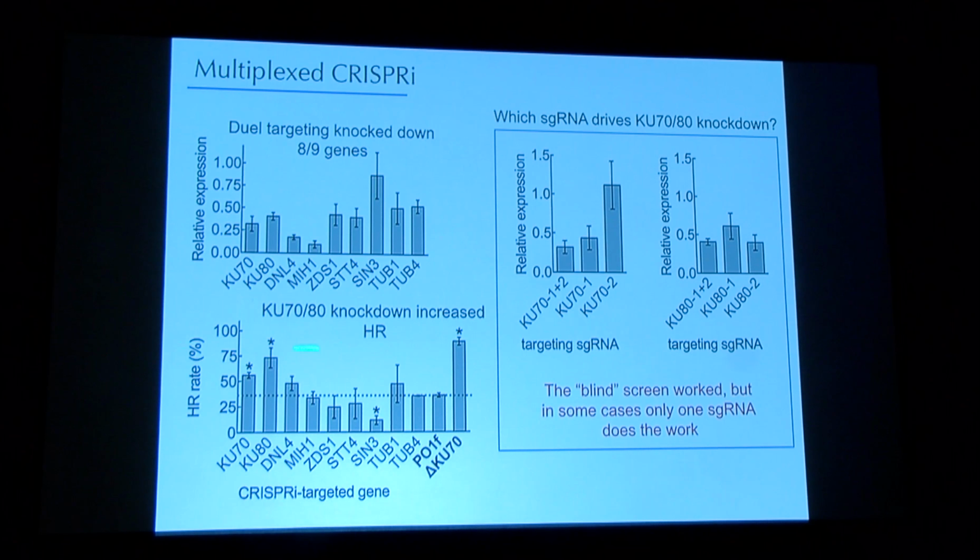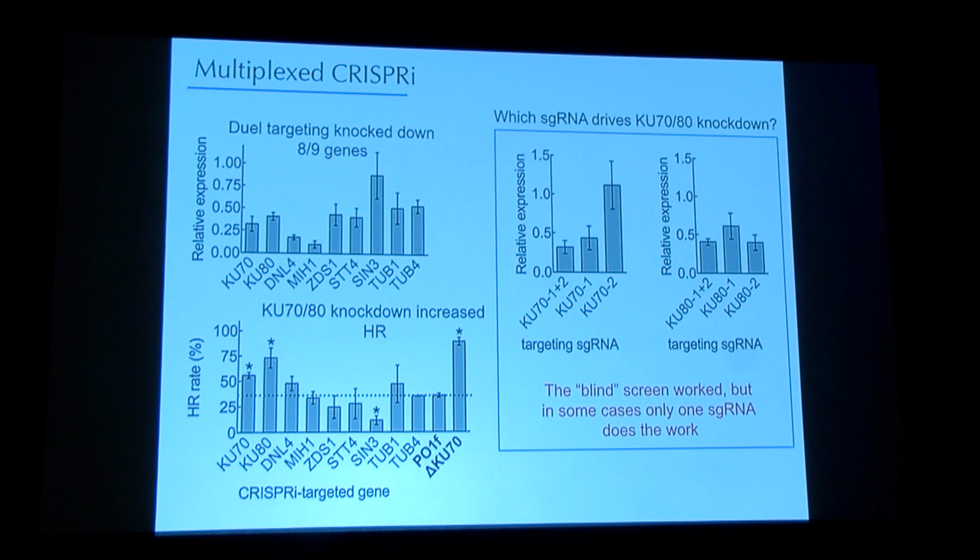We saw that if we suppress these, in a couple of cases, just in Ku70 and Ku80, we had an increase in homologous recombination, and in this case it was a markered one where we had a Ura3 cassette as well.